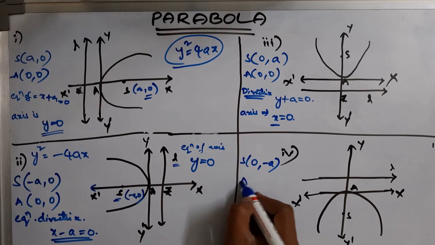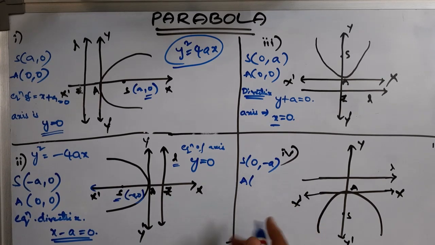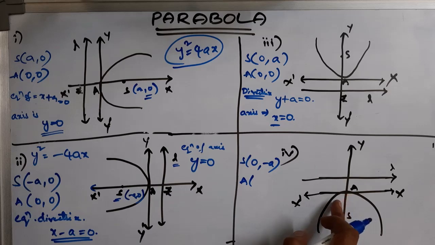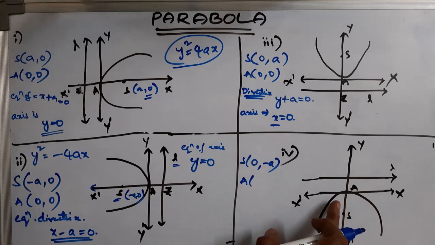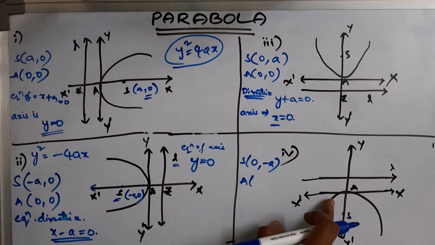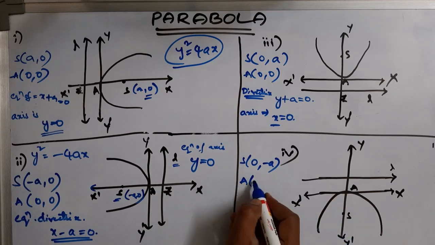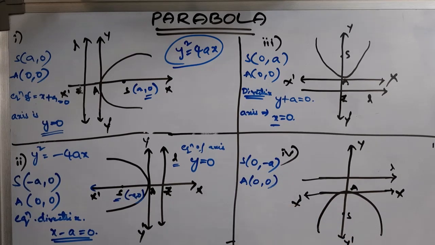And the vertex is the origin, because the x coordinate and y coordinate contact at one point, that is the point A, and it is the vertex of the parabola and it lies on the parabola, so the origin becomes the vertex of the parabola.